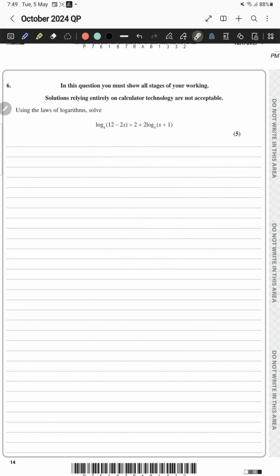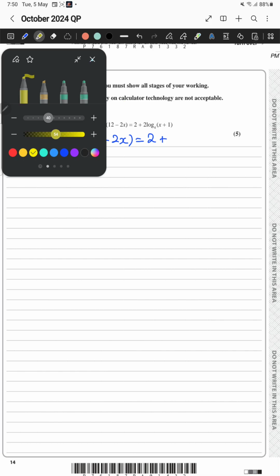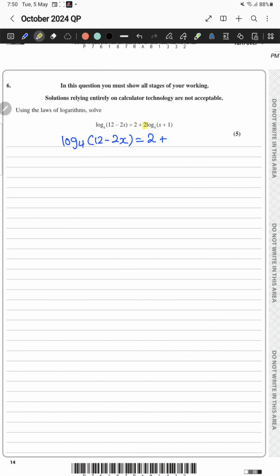Alright, so the first step I'm going to do now is replace this 2 over here with log base 4 of (x plus 1) to the power of 2, because this is a power rule.